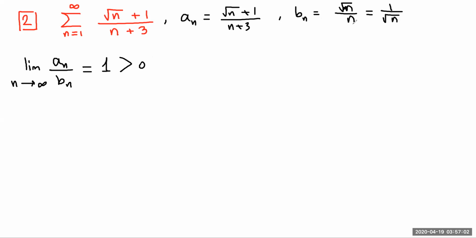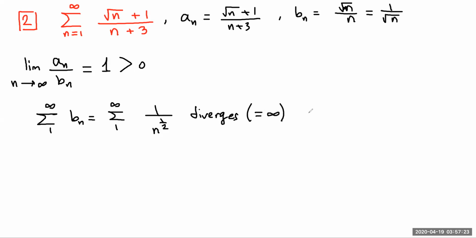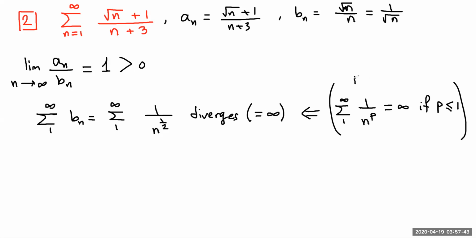Now let's go back to my series sigma bn. Sigma bn is sigma 1 over n power a half from 1 to infinity. This is divergence, or you can write equal infinity. Why? Because sigma 1 over n power p from 1 to infinity is infinity if p is less than or equal to 1.